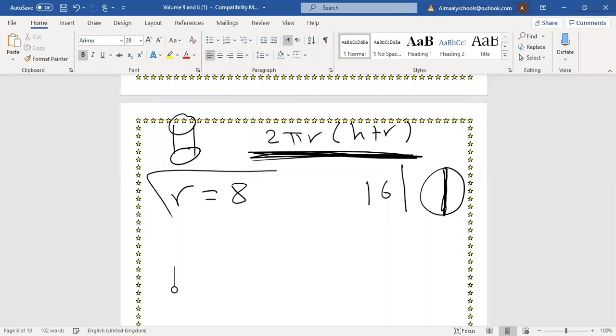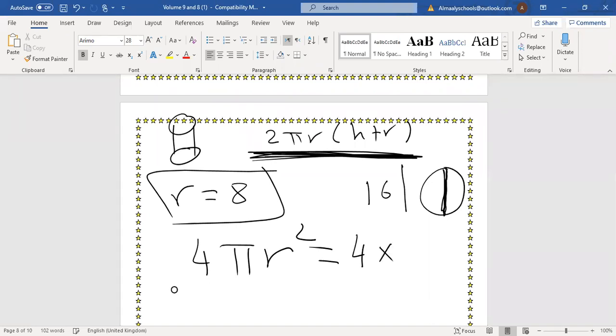Now we have the radius of the sphere, so we can calculate its surface area. The surface area equals 4 pi R squared, which equals 4 pi multiplied by 8 squared. Very good. Mr., where do you bring 4 pi from?